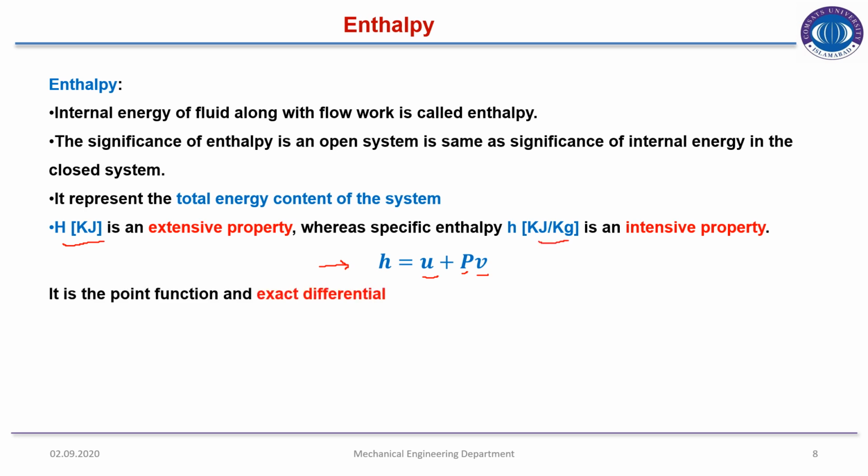The unit for specific enthalpy is kilojoule per kg. It is a point function and an exact differential. So as it is a point function, it is a property of the state and you can find del h by h2 minus h1.